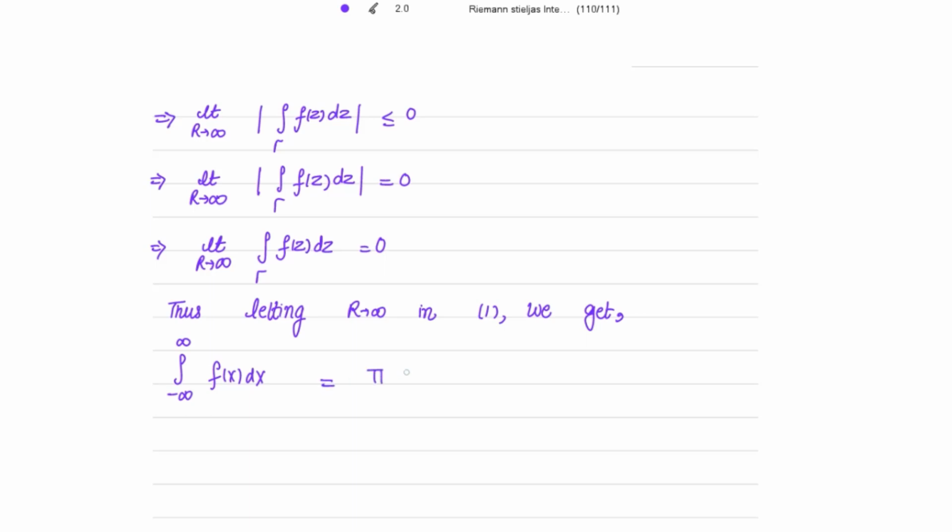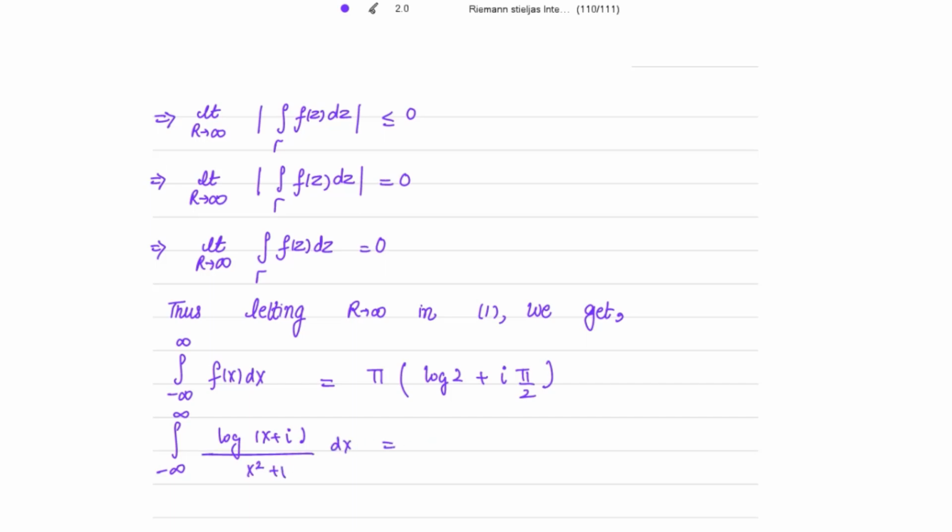So this is pi log of 2 plus iota pi by 2. What is my function? The function is log of (x plus iota) over (x squared plus 1) dx.